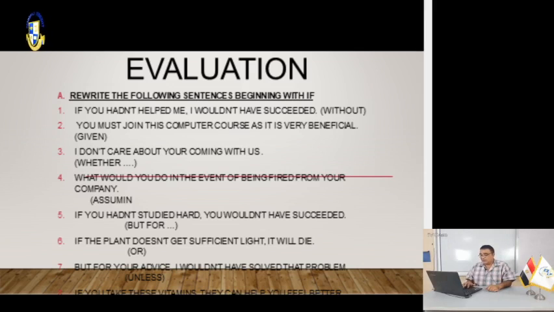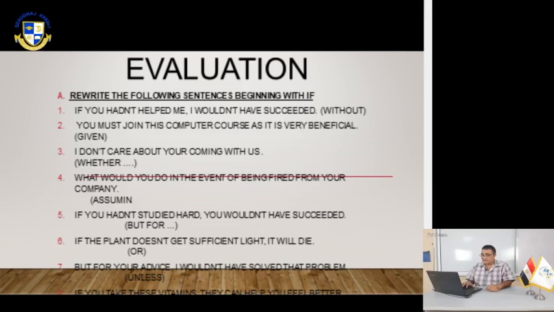Number 5, if you hadn't studied hard, you wouldn't have succeeded. But for must be followed by a noun or a gerund. But for studying hard, you wouldn't have succeeded.